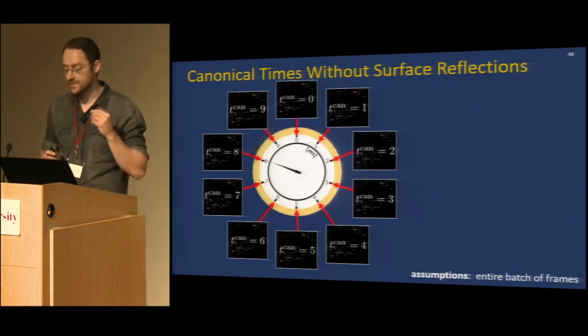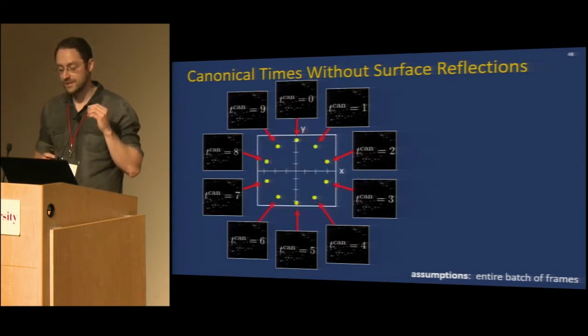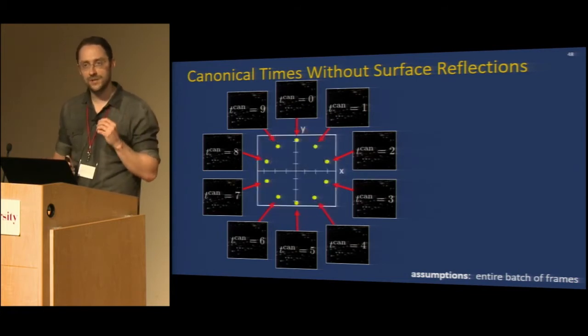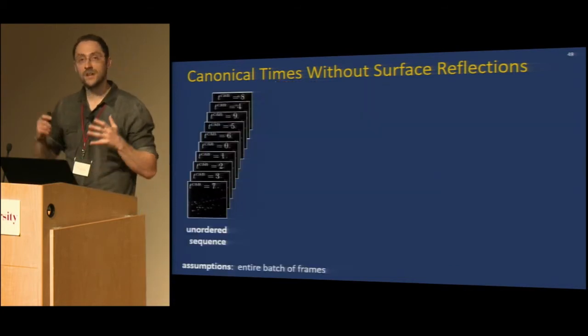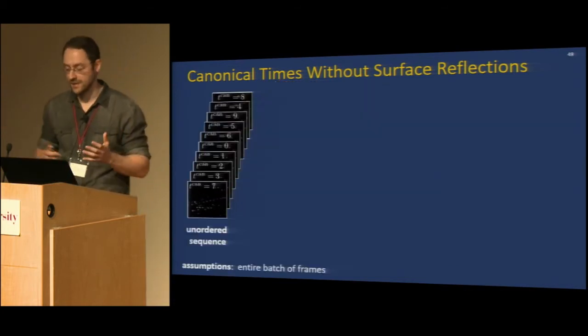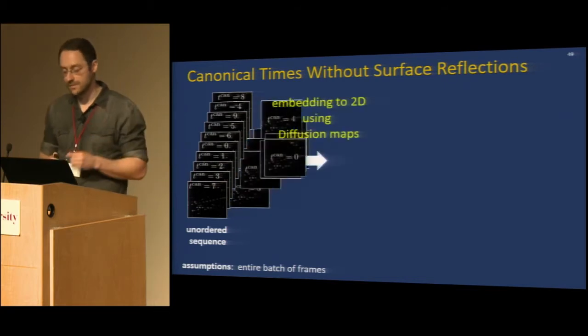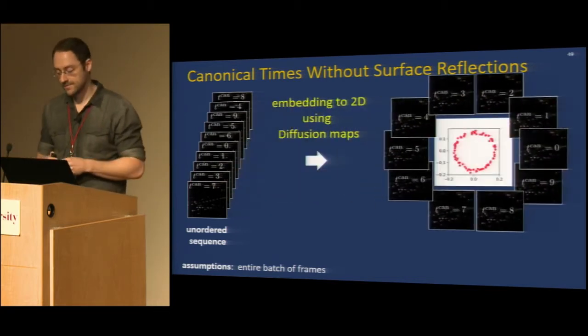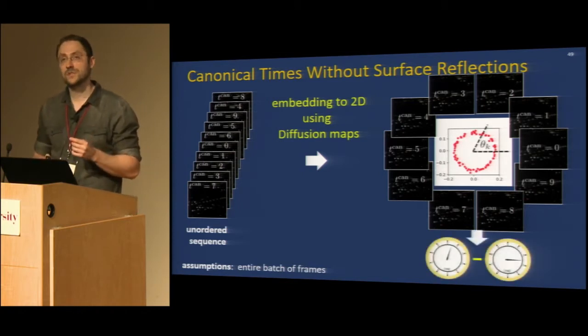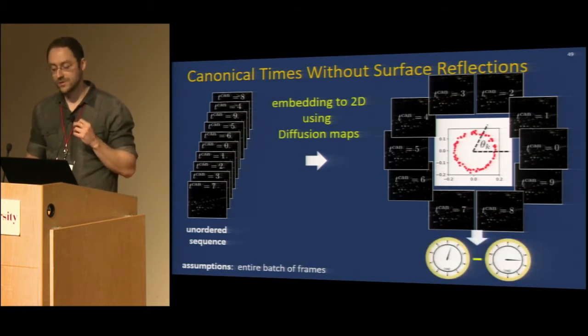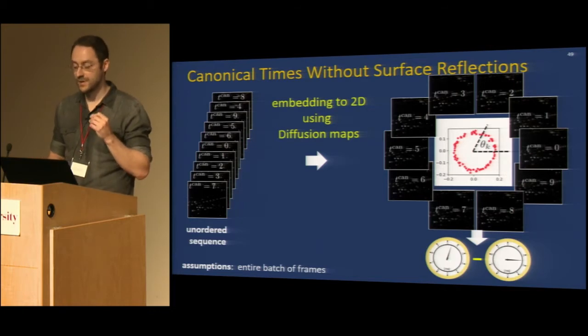In a two-dimensional space, such pairwise affinity maps the set of all frames to a ring. So, given an unordered sequence supplied by the camera, we find this 2D embedding using diffusion maps. After mapping, the angle between any two frames in 2D corresponds to the canonical time difference between them.